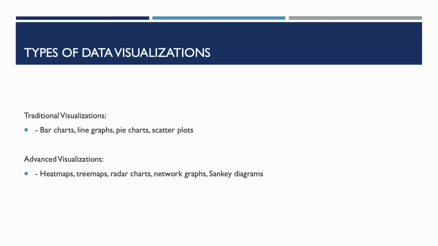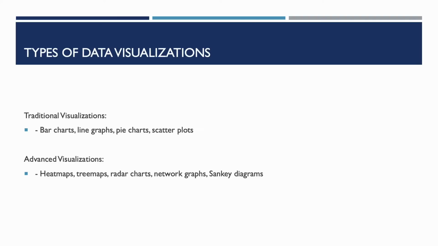Network graphs show relationships between data points, making them particularly useful for visualizing social networks or communication flows. Lastly, we have Sankey diagrams, which illustrate the flow of resources or data between different states or nodes. These are often used in process flows, energy management, or any data that involves movement between categories.